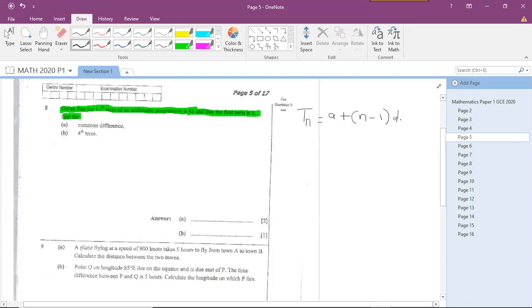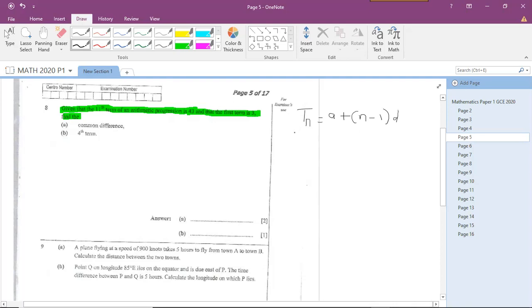The common difference is what you are adding to continue the sequence. This is the exact same formula. So from this information, we can extract the given information that they want.